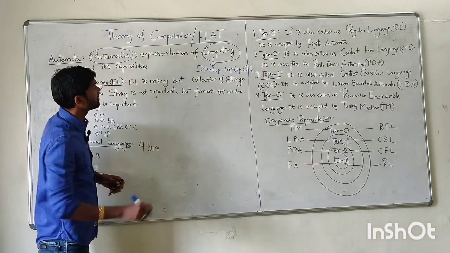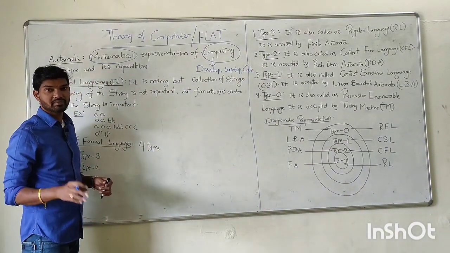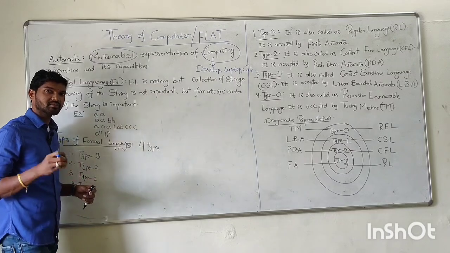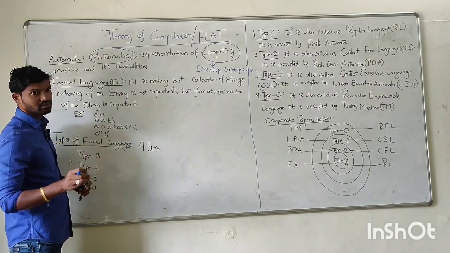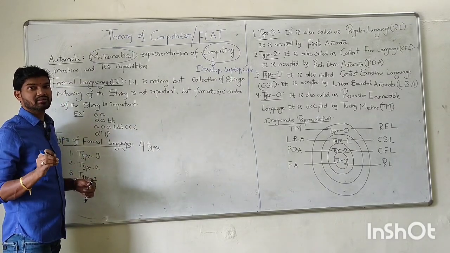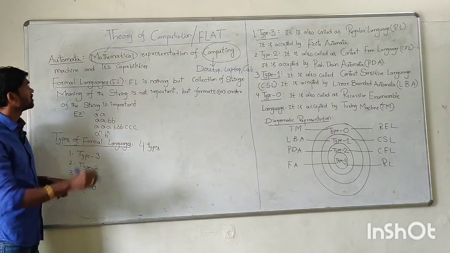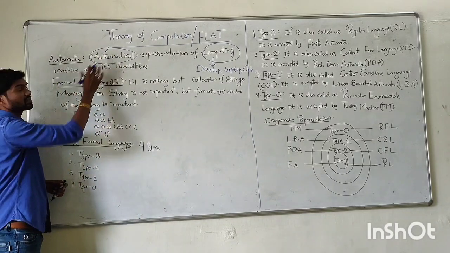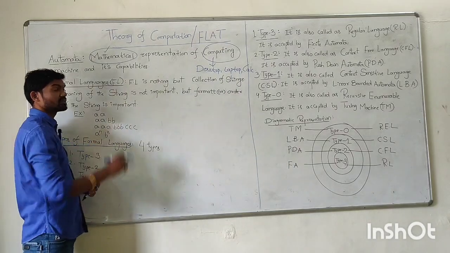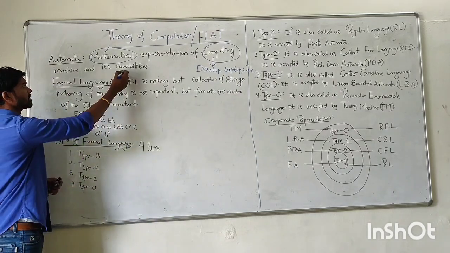Internally, if you give some operation like addition, subtraction or multiplication, whatever it may be, how is it represented in a mathematical way? So the automata definition is the mathematical representation of computing devices and its capabilities.